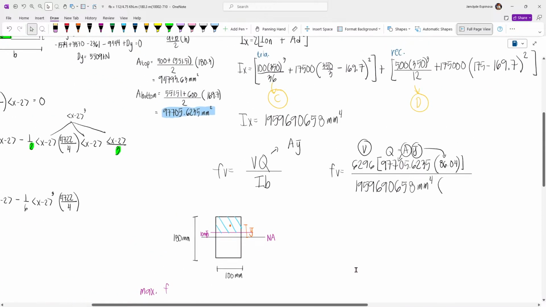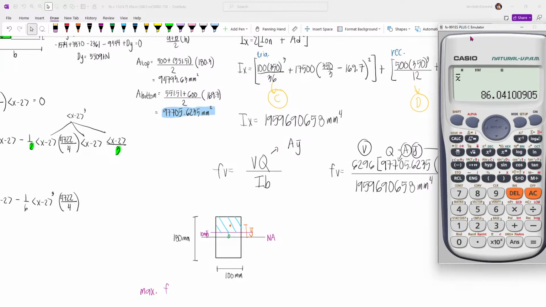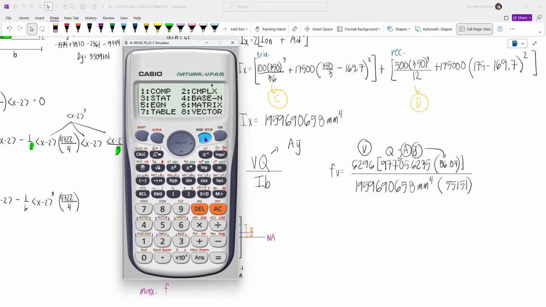So, kung akong i-label diri, man siya ang B. Kana. Ang horizontal distance, pinakaduol sa neutral axis. So, 551.51. Makuha na nako ang FV. But ang bati pa niya siya nga paagi.